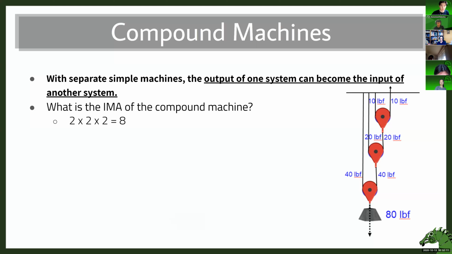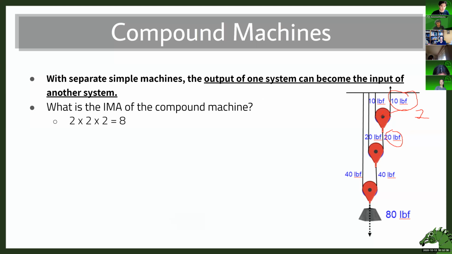When you start out here, you're applying 10 pounds of force. Through this first movable pulley, you have a mechanical advantage of 2. But this pulley is pulling another movable pulley with a force of 20 pounds because of this mechanical advantage of 2.